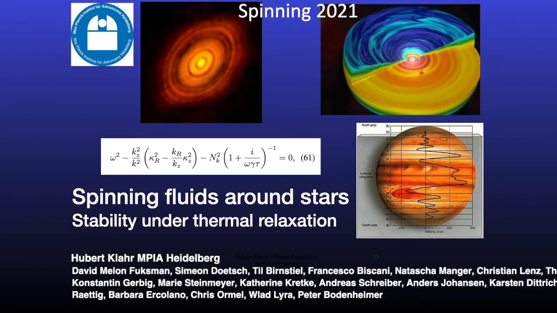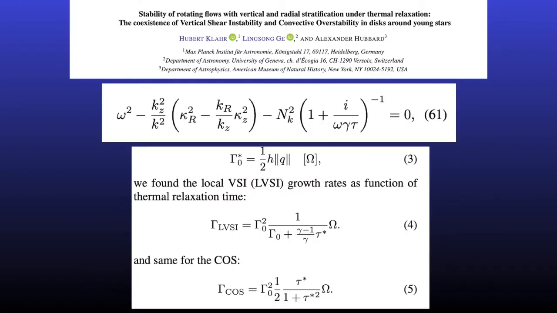The same is true for the Brunt-Väisälä frequency, but there it's a rather complicated expression. It's not the radial Brunt-Väisälä frequency, and not the vertical, but a projection of the buoyancy in the given k direction. So the interesting thing is that one has this joint dispersion relation for the convective overstability and at the same time for the vertical shear instability.